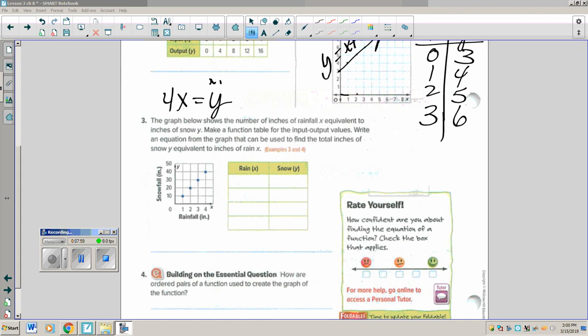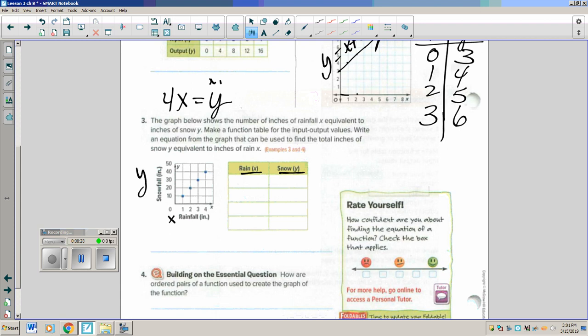Number 3, the graph below shows the number of inches of rainfall, x, equivalent to the inches of snow, y. Make a function table for the input-output values. Write an equation for the graph that can be used to find the total inches of snow, y, equivalent to the inches of rain, x. It's not as hard as it sounds. Rain is x. Snow is y. Here's my rain.